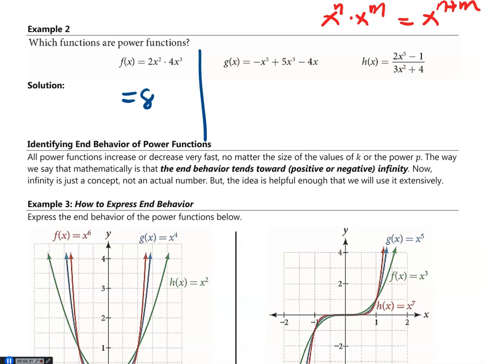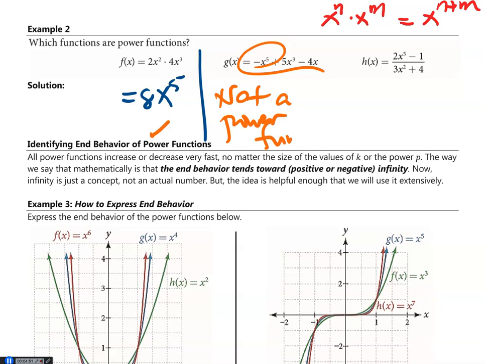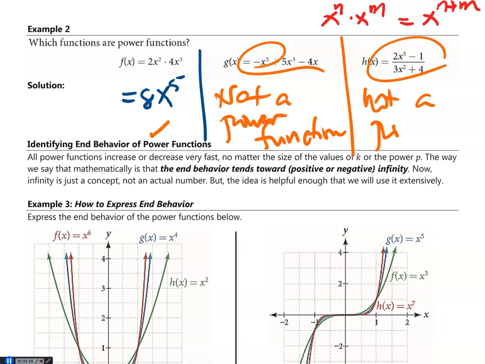So 2 plus 3 is the 5th power. So is this a power function? Yes. How about g(x)? You have 3 terms here, so not a power function. How about h(x)? It is also not a power function.